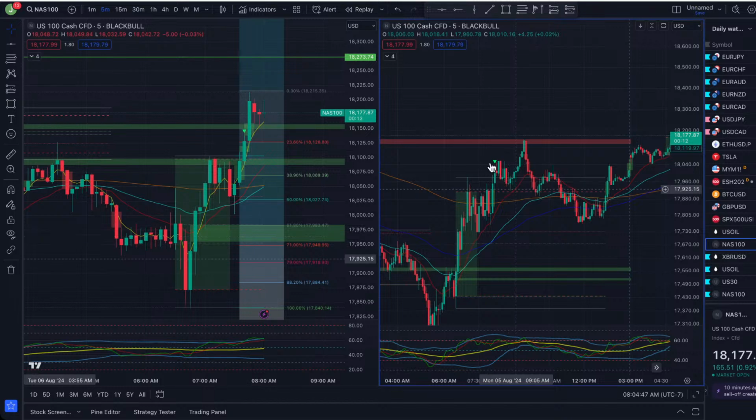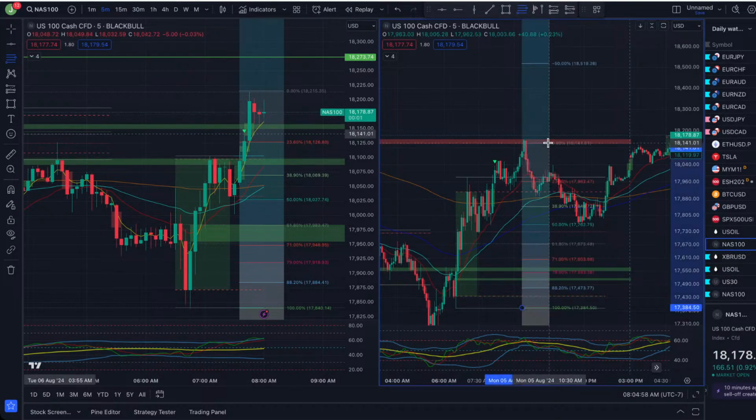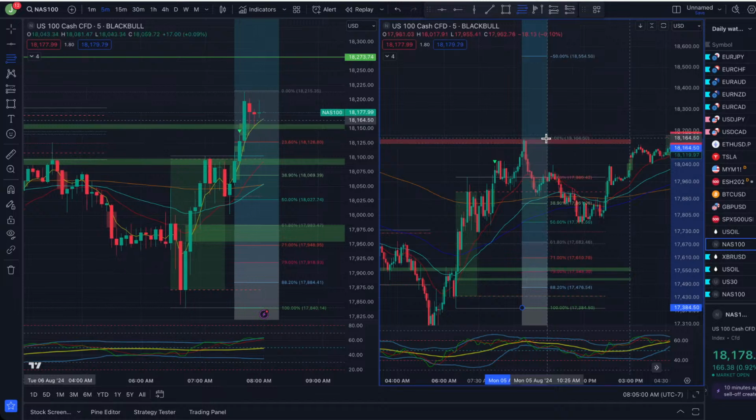And this is what I mean when I say I wait for the right setup. Now some people might have saw this and taken it. They would have gotten a good extension.